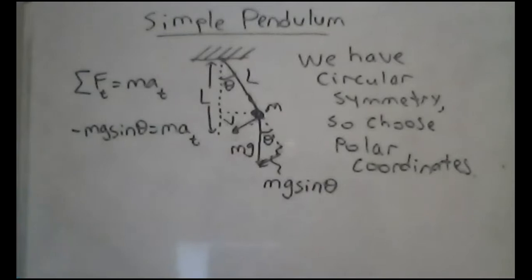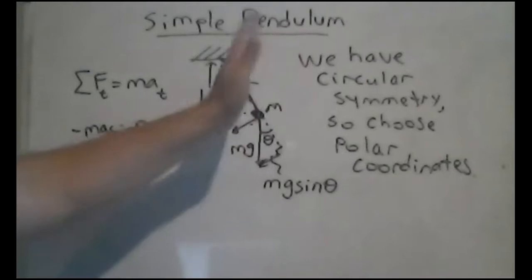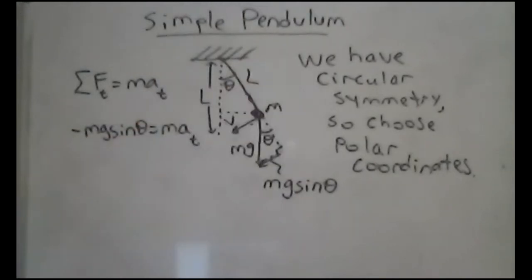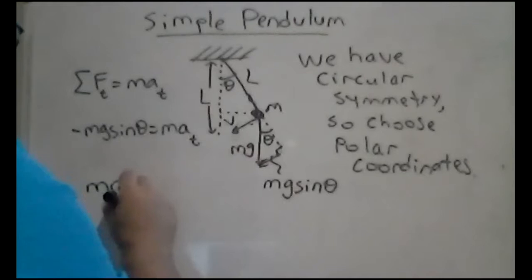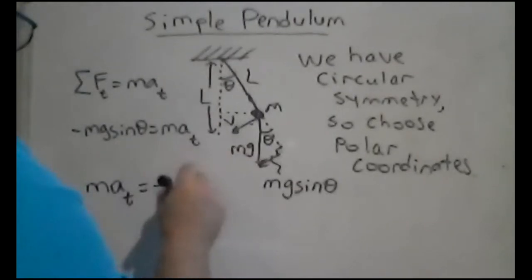No other force matters. I already accounted for weight. Any tension force is along the radial, so it doesn't matter, because I'm smart and I chose good coordinates. If I chose Cartesian, I'd have to choose components for the tension. But I chose polar coordinates, so I don't have to do that. This is the only game in town. This is my whole equation. So what I have is m times a tangential equals negative mg sine theta.